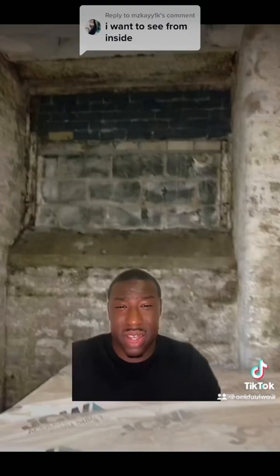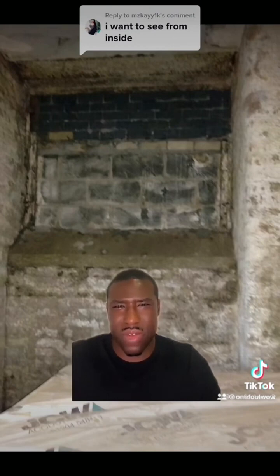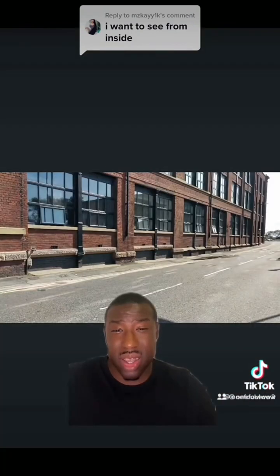And this is what it looks like on the other side. Oh my days. Damp, dirty, rusty, and old. And this is another part of that same building.